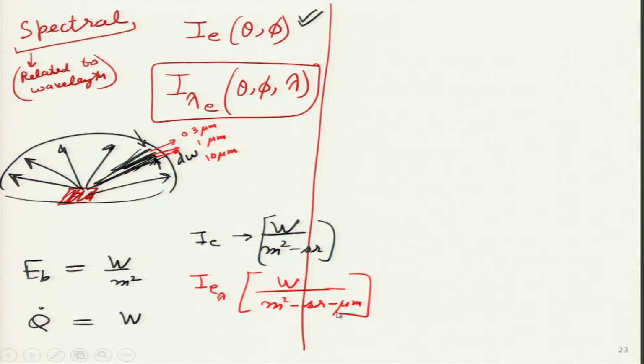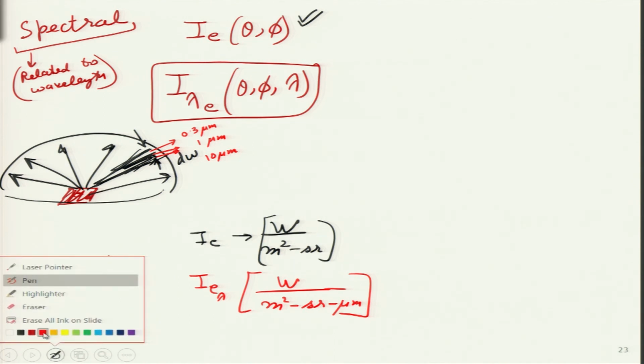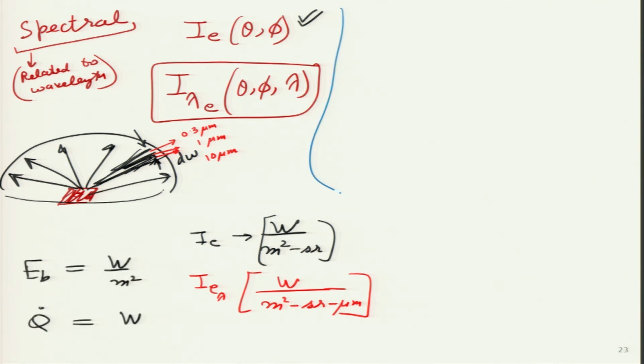Do not get confused, this is very interesting actually, that we can start taking things and making them more and more complicated. If I can take the arrows in this way, here it is just watts, I can put in terms of watts per meter square, then watts per meter square per steradian, then watts per meter square per steradian per micron.